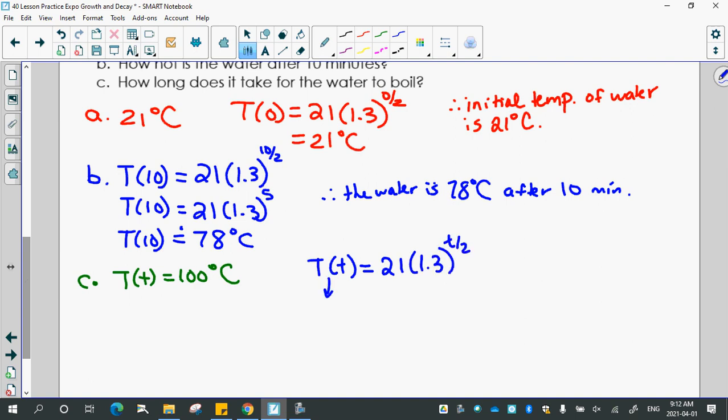And we could replace temperature with 100. And then you want to get the exponential part by itself, so you're going to have to divide both sides by 21.